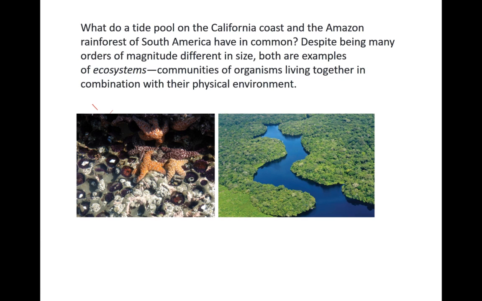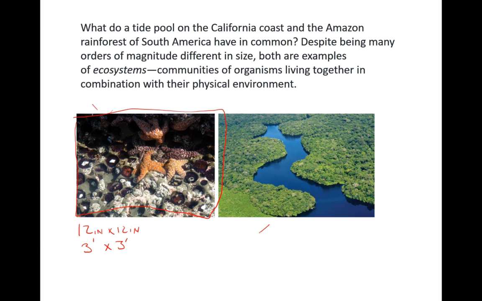Here where the sea stars are, this is a very small area. It could be as small as 1 foot by 1 foot, or 12 inches by 12 inches. It could be 3 feet by 3 feet. I'm not exactly sure, but it's not very big.